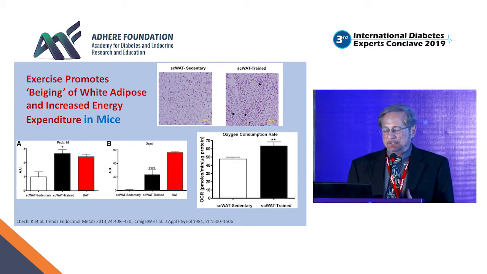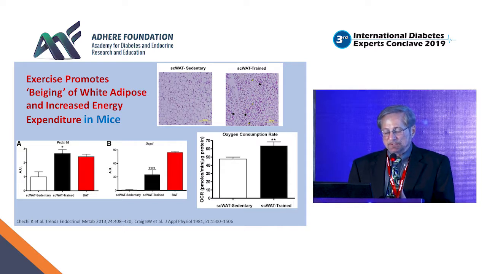Across the top, you see the histological picture of white fat in sedentary animals and a beige phenotype in trained animals. On the bottom, you see induction in white fat of PRDM16, this key transcription factor for browning, equal to the levels observed in brown fat.